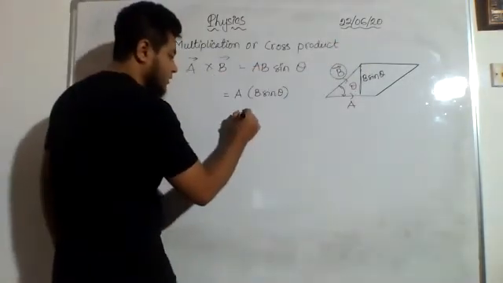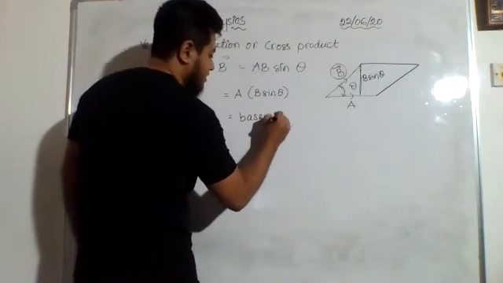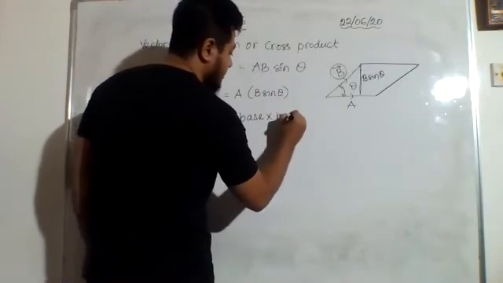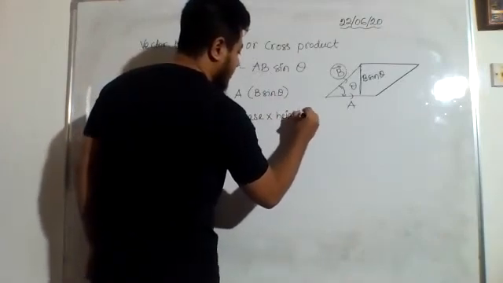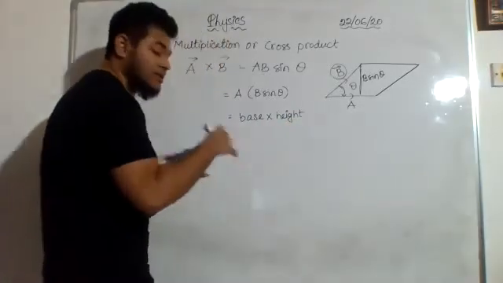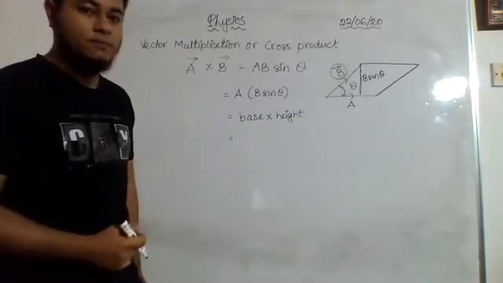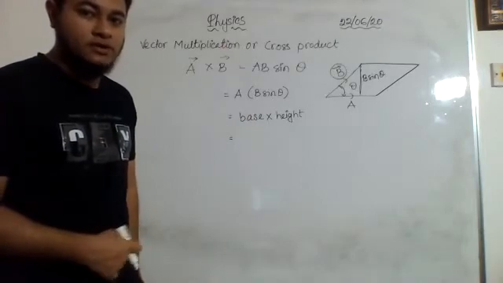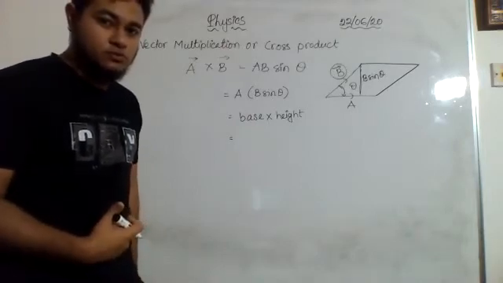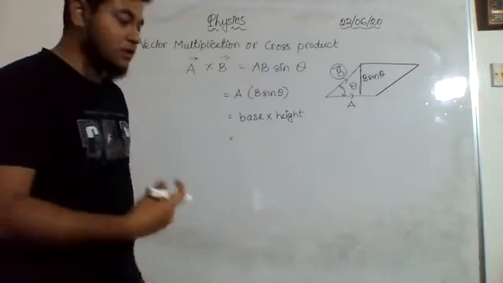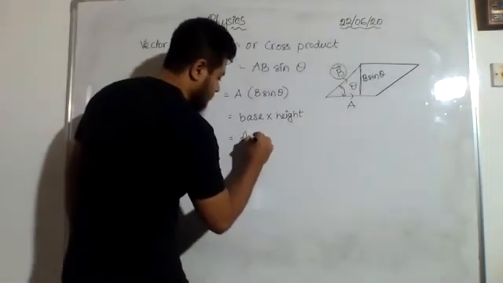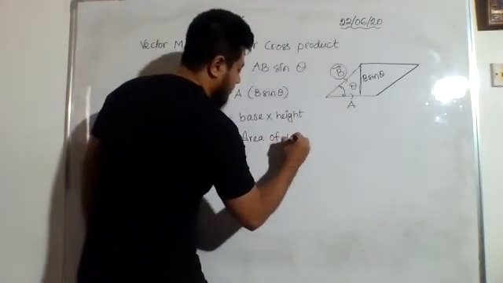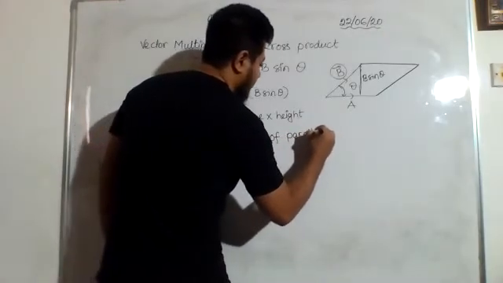So A is the base and B sin theta is the height of the parallelogram. So base into height, what does it give us in case of a parallelogram? Base into height is equal to the area of the parallelogram.